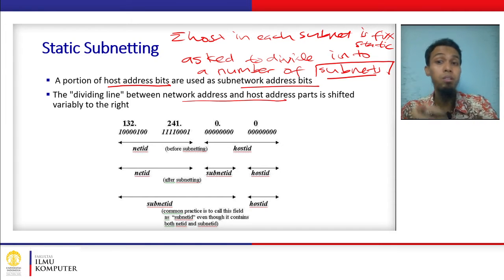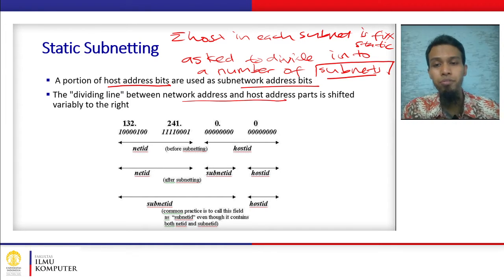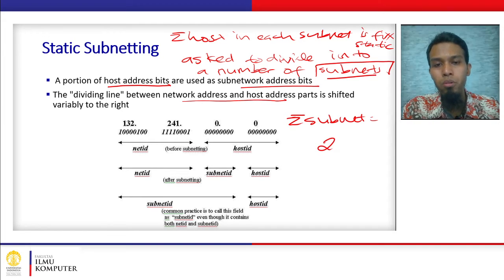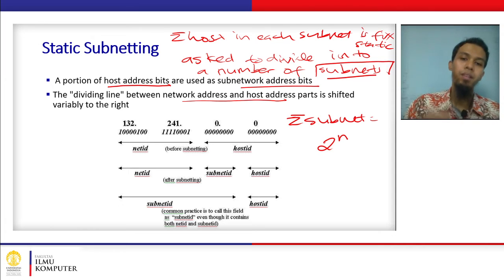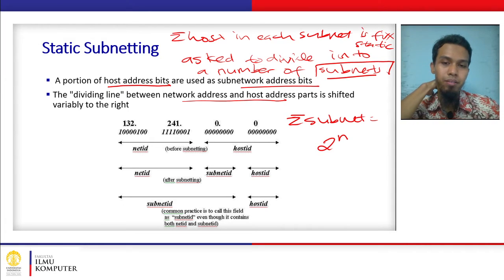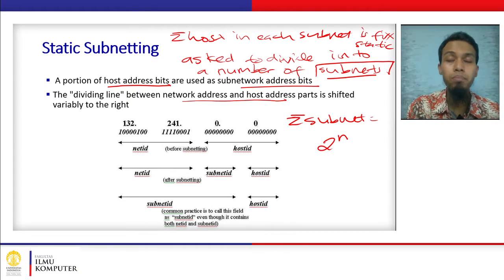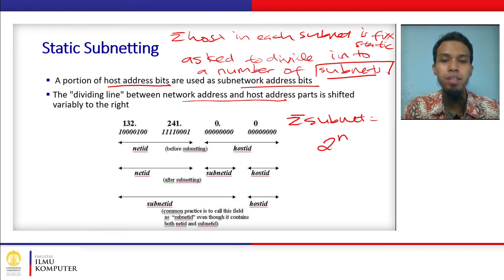Because we are shifting bits, the number of subnets that we can create is always 2 to the power of n, where n is the number of bits. So let's say if we want to have four subnets, then we will take 2 bits.